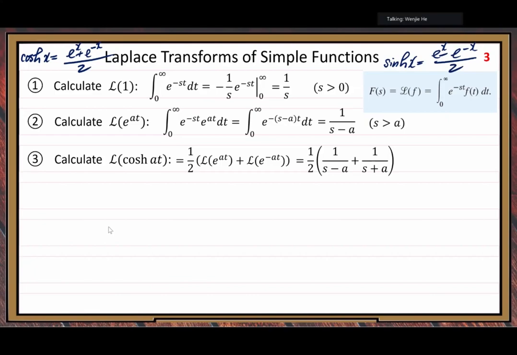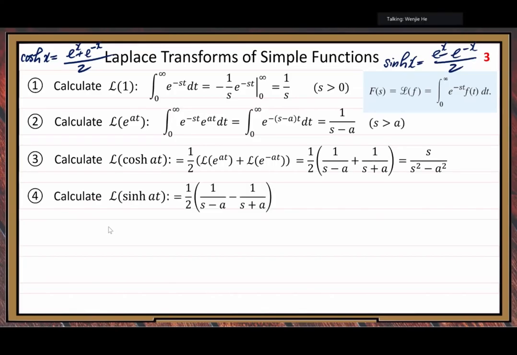After simplification, we get this formula for the hyperbolic cosine. For the second hyperbolic function, the only difference is we change the plus sign to a minus sign. After simplification, you get that representation.